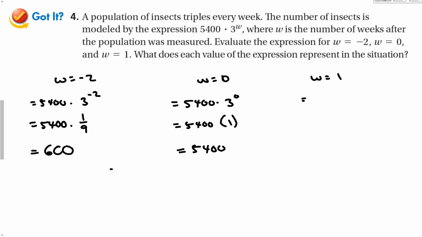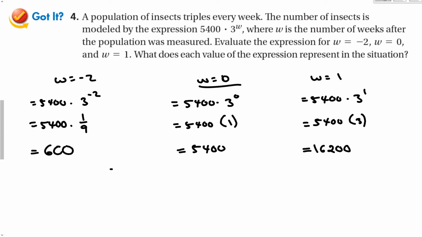And finally, this is 5,400 times 3 to the first power, which is 5,400 times 3, which gives me 16,200.